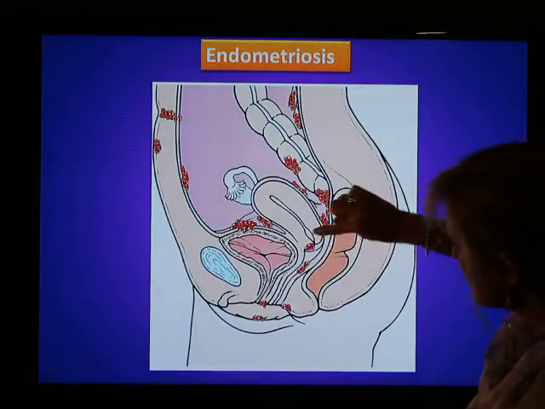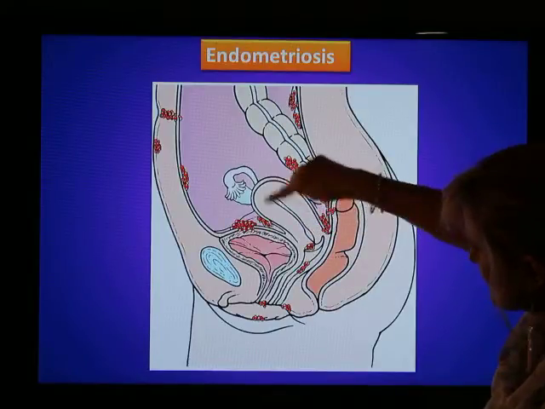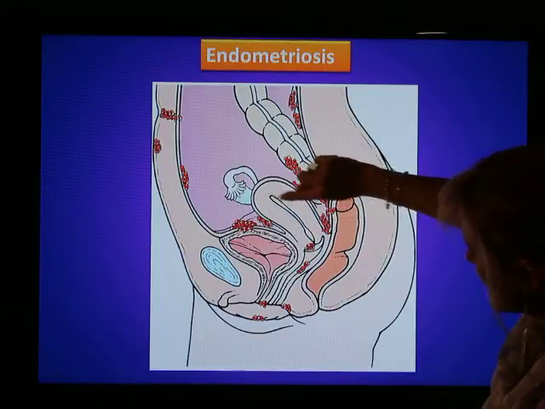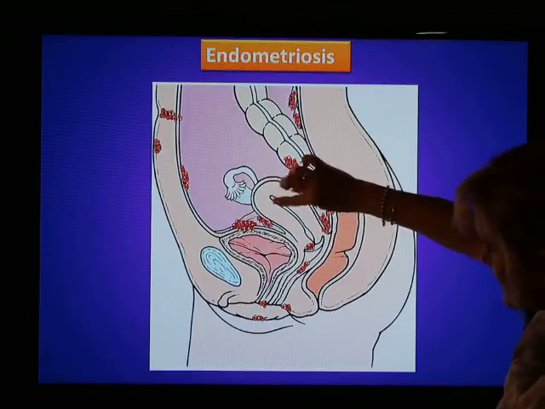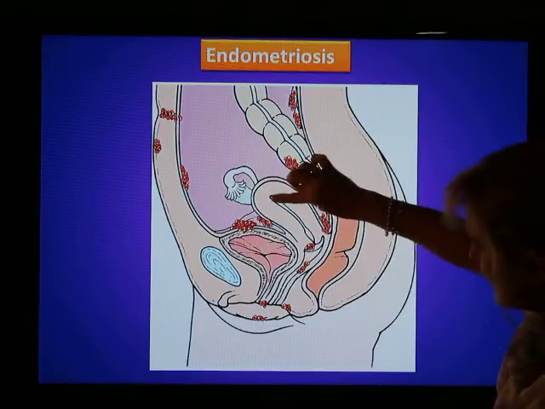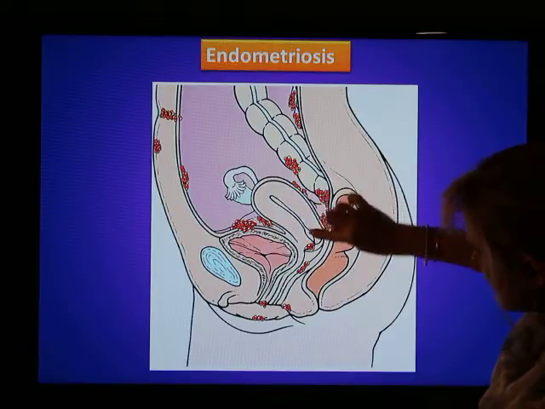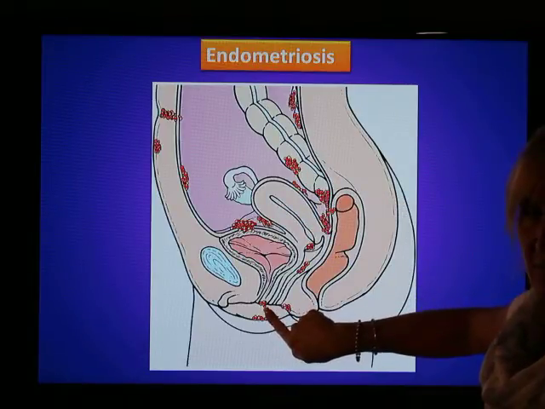So this is what it looks like. This right in here, this is the uterus again. Right in here, this is the endometrium. Well, what happens, this part sloughs off once a month if there's no little baby in there, bleeds and exits through the vagina, and the woman has her period.